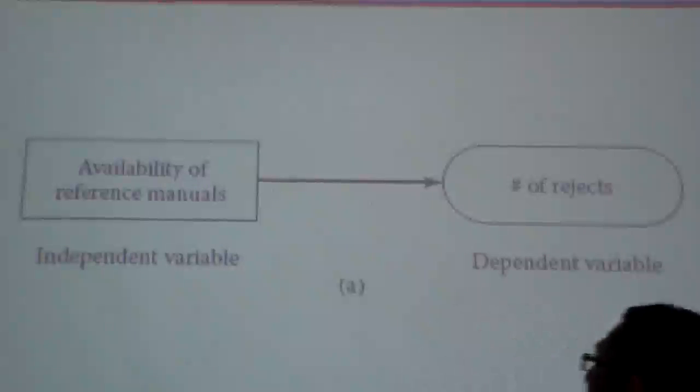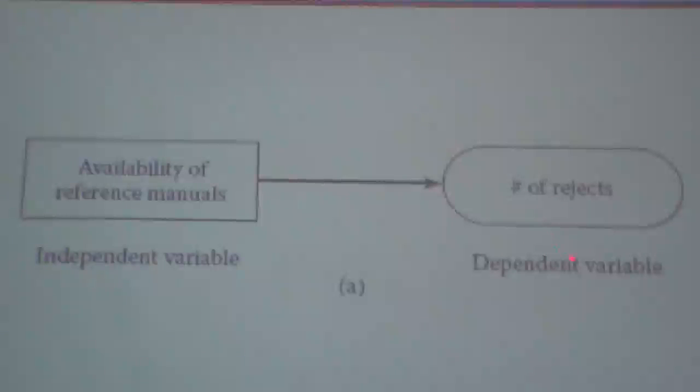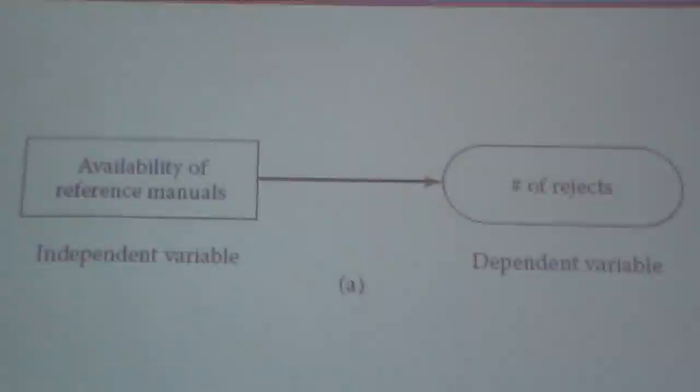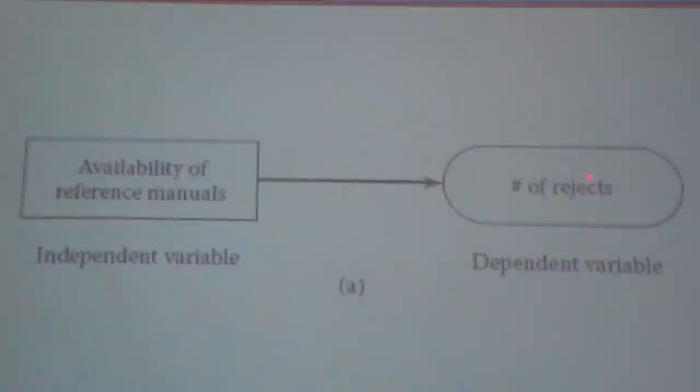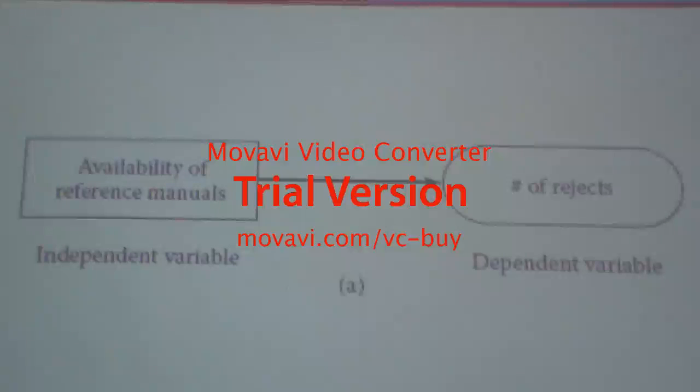When we say independent variable influences dependent variable, it means the independent variable affects the dependent variable in a positive or negative way. If the reference manuals are available, then the number of rejects will be less. But if the reference manuals are not available, then the number of rejects will be high.